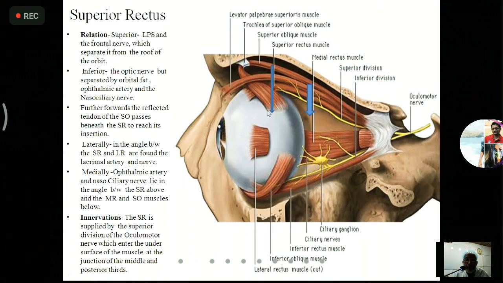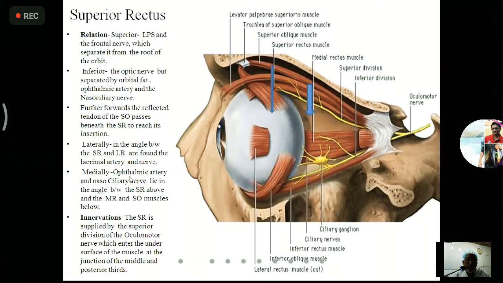Laterally, this is the superior rectus, we know it, and this is the lateral rectus. Between these two recti, we find two important structures: the lacrimal artery and lacrimal nerve.